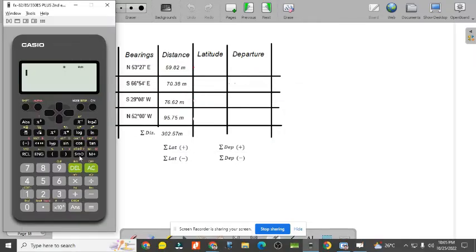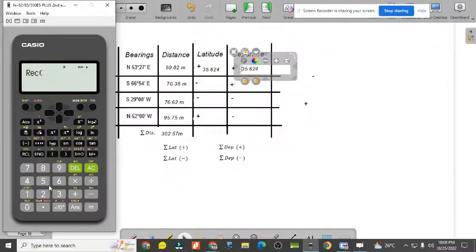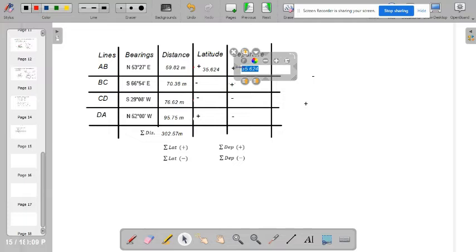So let's start. Using this calculator, shift, and then 59.82, comma, and then 53 degrees, 27 minutes. Okay, and then we have 48.056.